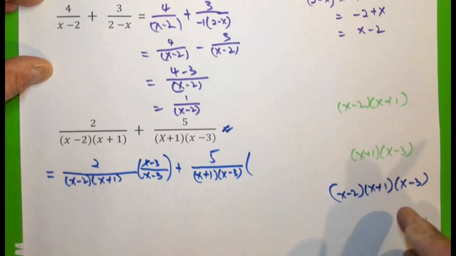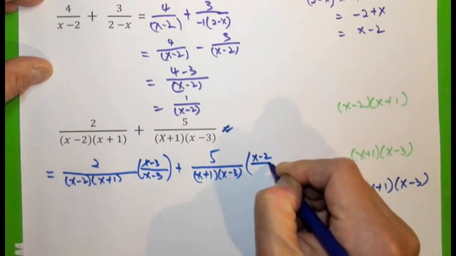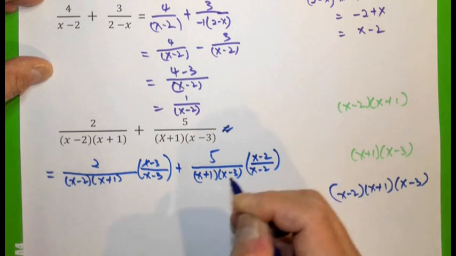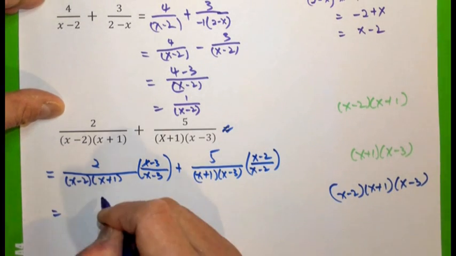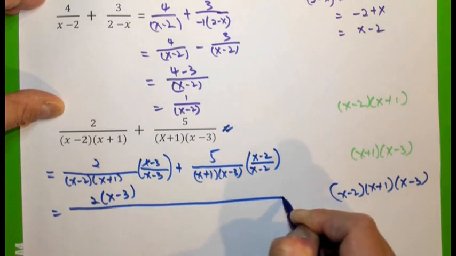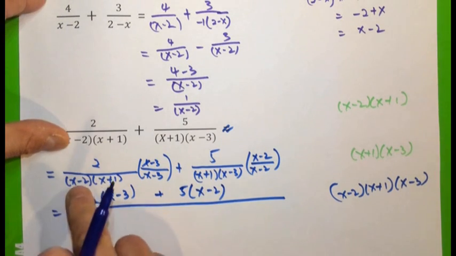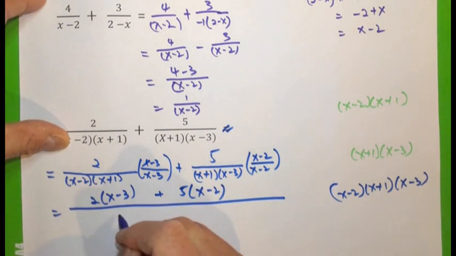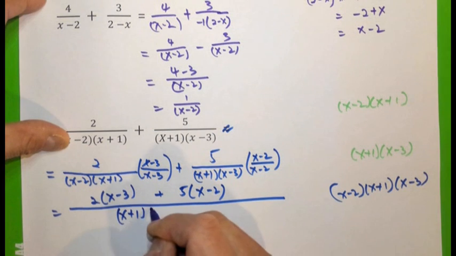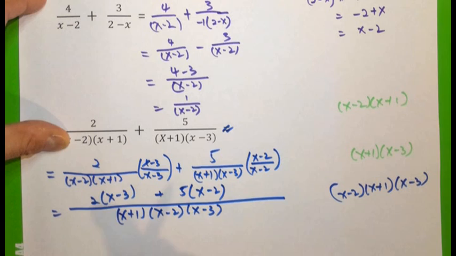We are missing an x minus 2. Therefore, we can rewrite this as 2 times x minus 3 plus 5 times x minus 2. Because we've got the same denominator now, it's x plus 1, x minus 2, x minus 3. That is the answer.